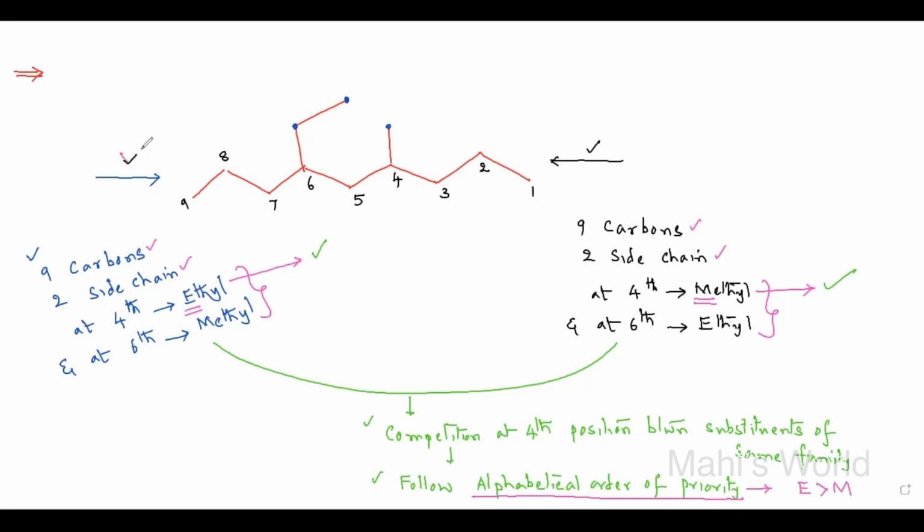So this is correct and this is wrong. I mean, numbering from this end is correct. So let us finalize the things from this end. The blue one is correct. This numbering is proper.